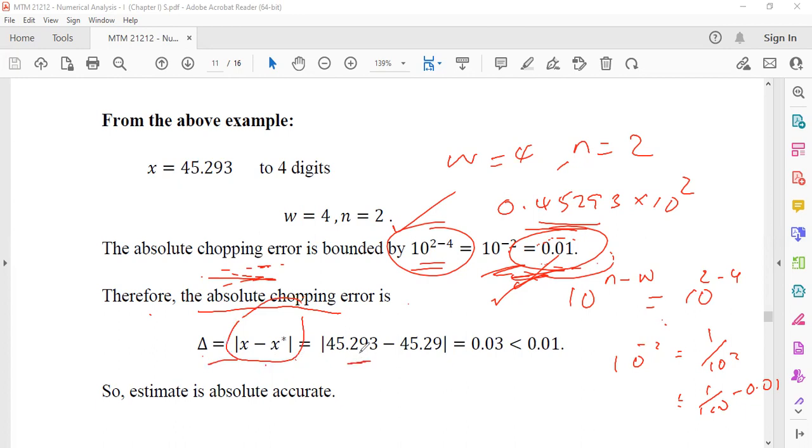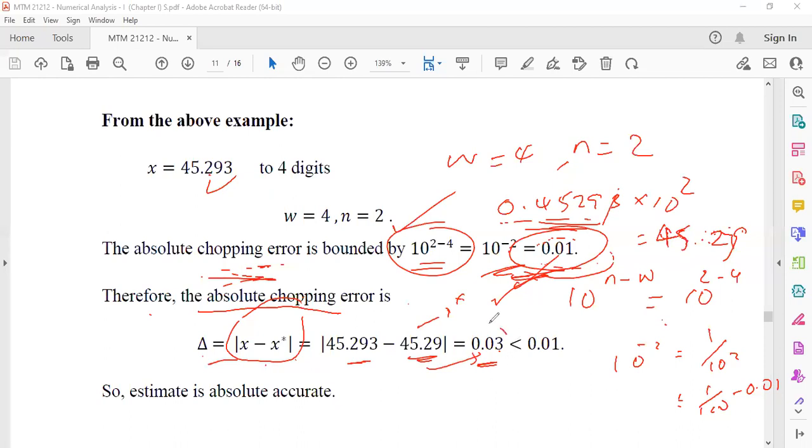What is our x? This one. X star will be, if you cut out 4 digits, 1, 2, 3, 4, the 3 will go out. So this will be 45.29, isn't it? So if you use this x star, then the answer will be 0.03.